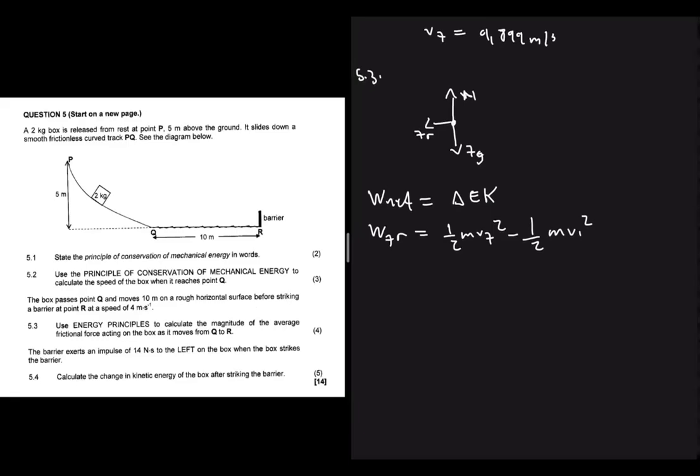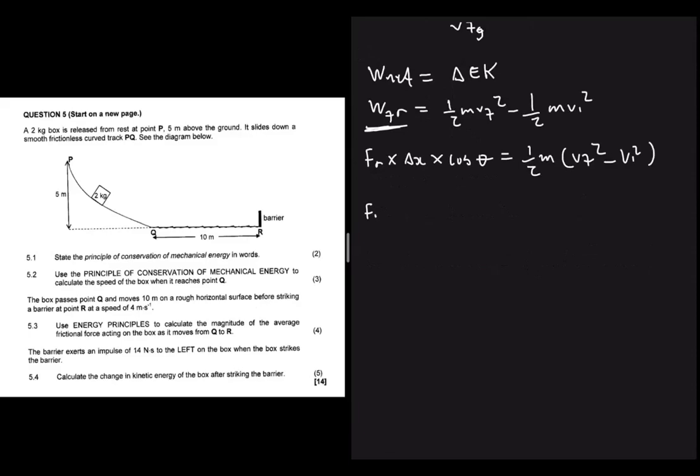For the work done by friction, we can break it down: frictional force multiplied by delta x multiplied by cos of theta equals 1 over 2 m times Vf squared minus Vi squared. So we have Fr multiplied by 10 meters multiplied by cos of 180 degrees equals 1 over 2 multiplied by 2 kgs.